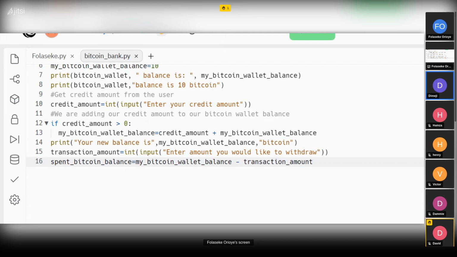Yesterday, I gave Folashike 1,000 naira. Folashike, how much did I give you? Okay, 1,000 naira, sir. I gave you 1,000 naira yesterday. Same yesterday, somebody else wanted to give you minus 100 naira.